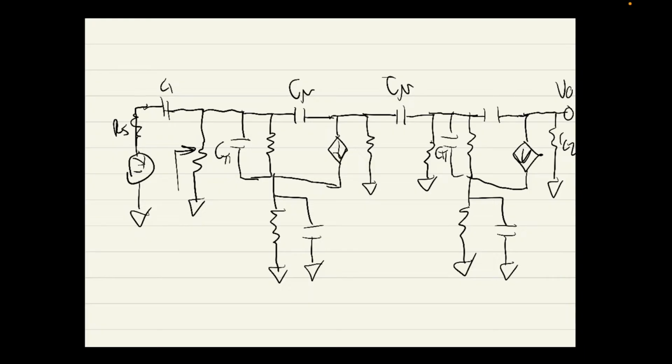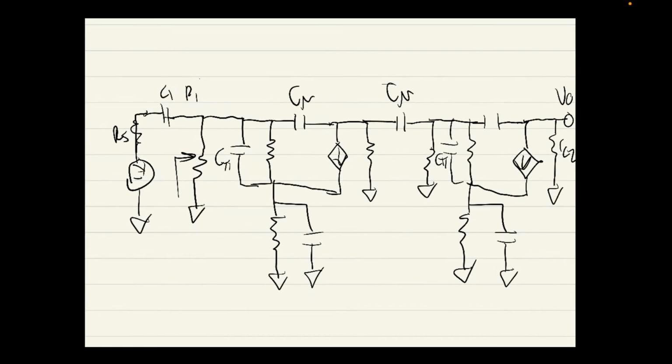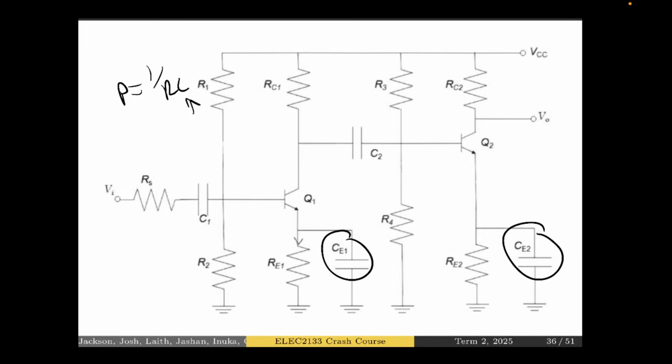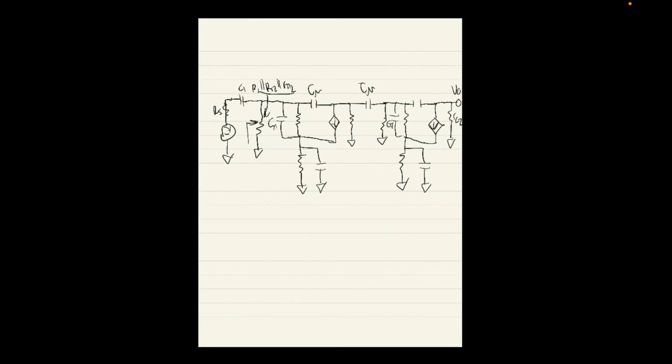This would be R1 parallel R2 parallel R pi 2. And that's from this circuit. I don't have much time to explain why, but this one is in parallel with this, and it's parallel with the R pi resistor inside. So that'd be R in.